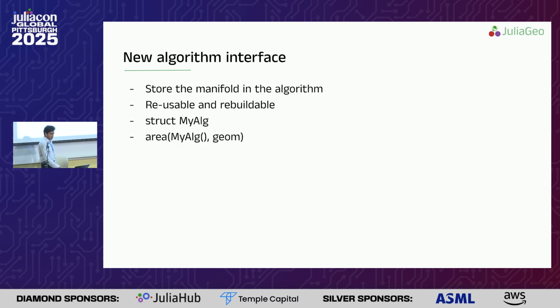To build on top of that manifold thing, there's a new algorithm interface as well, right? So you can store the manifold and several parameters in this algorithm by which you perform some operation. And where this really gets interesting is with polygon intersections and tree acceleration for those. Because you can say, okay, I know that my polygons are pretty weird, so I want to go with the safe option.